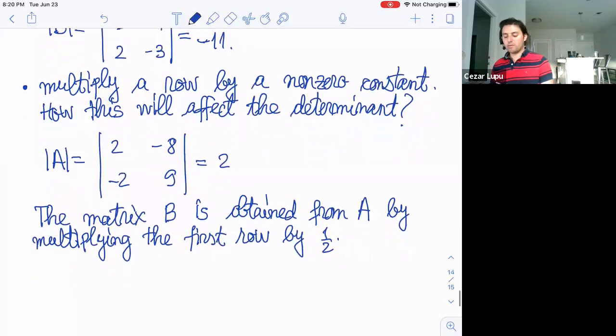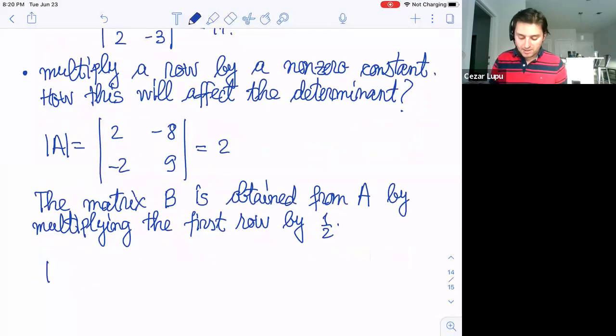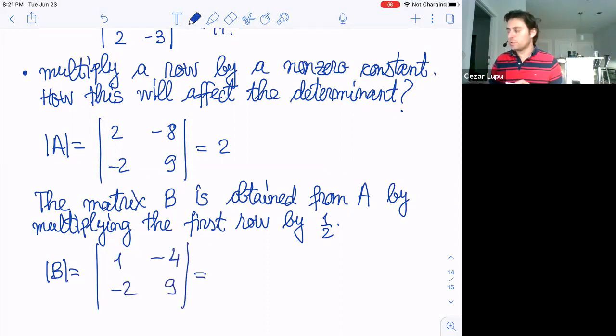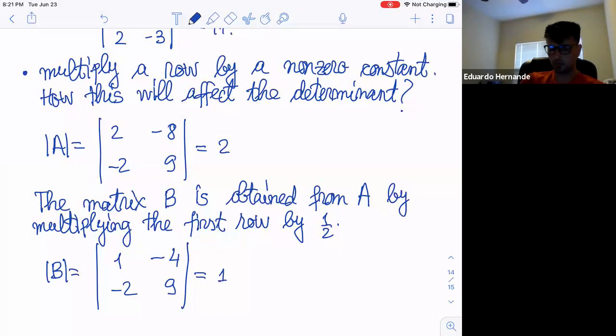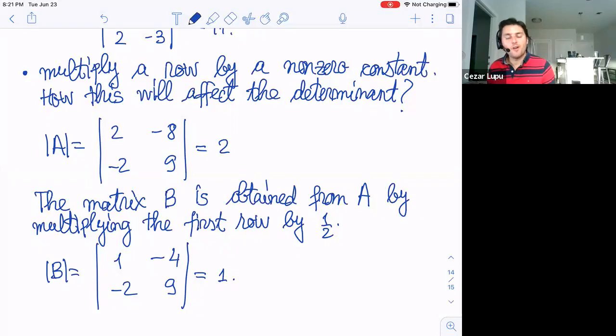It's very convenient for me. So this will be the first row, only the first row, pay attention. So it will be 1 and -4, -2 and 9. And the determinant of this will be what? Will be 1. Look what happened. So I have half of the value of the determinant of A, correct?